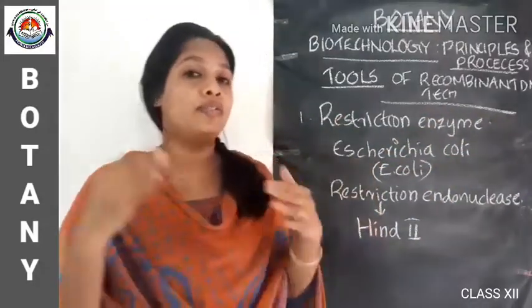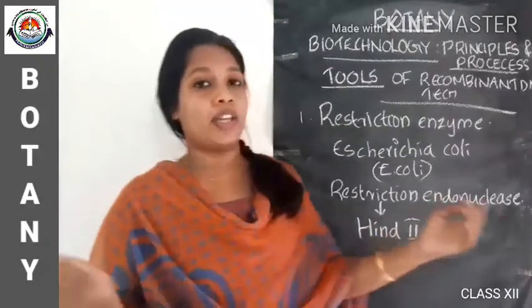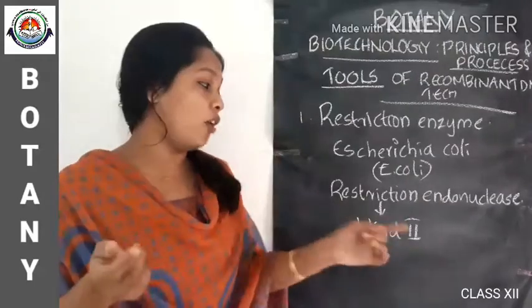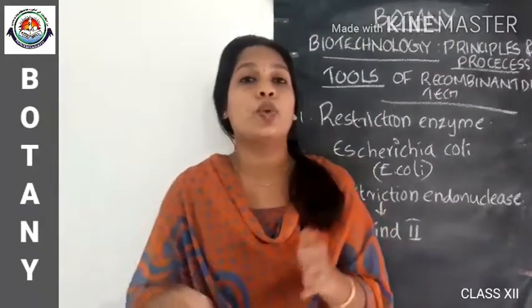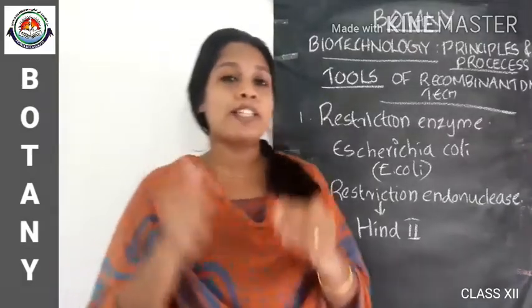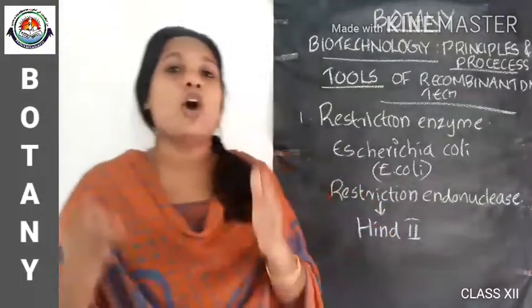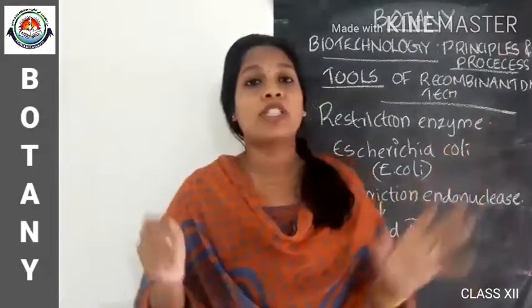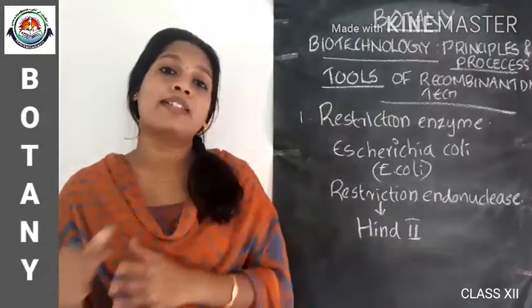Only 5 years after the identification of the Hind II enzyme, it was found that the functioning of this enzyme is restricted to a specific DNA sequence. A specific DNA sequence of 6 base pairs is the only one recognized by this Hind II enzyme.